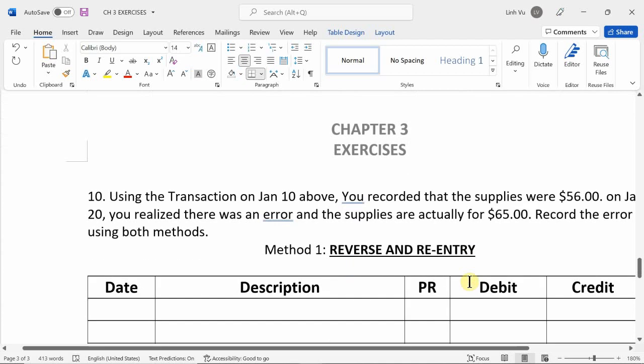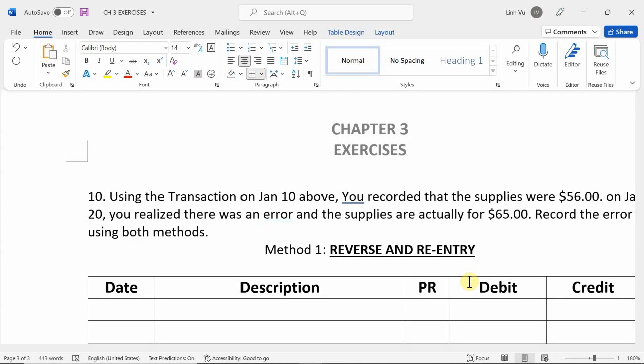Almost done, guys. All right, question number 10. Using the transaction on January 10 from above, you recorded that the supplies were $56. But then on January 20th, you realized that there was an error, and that the supplies were actually $65.